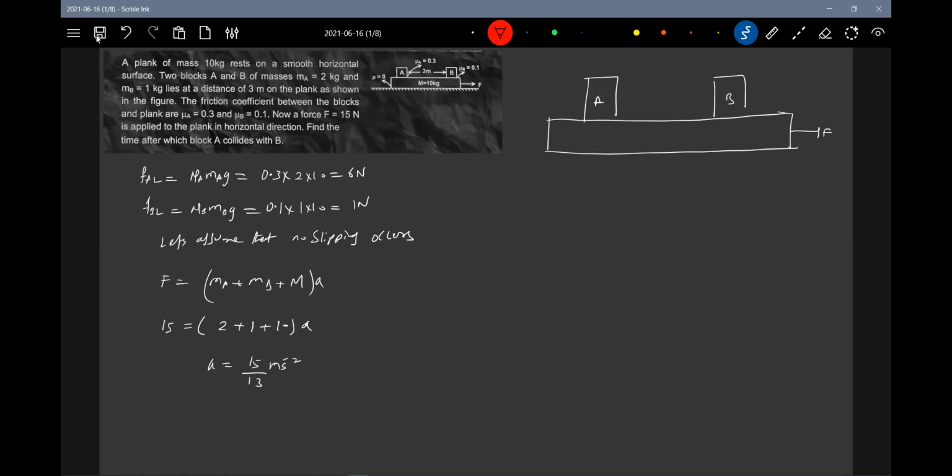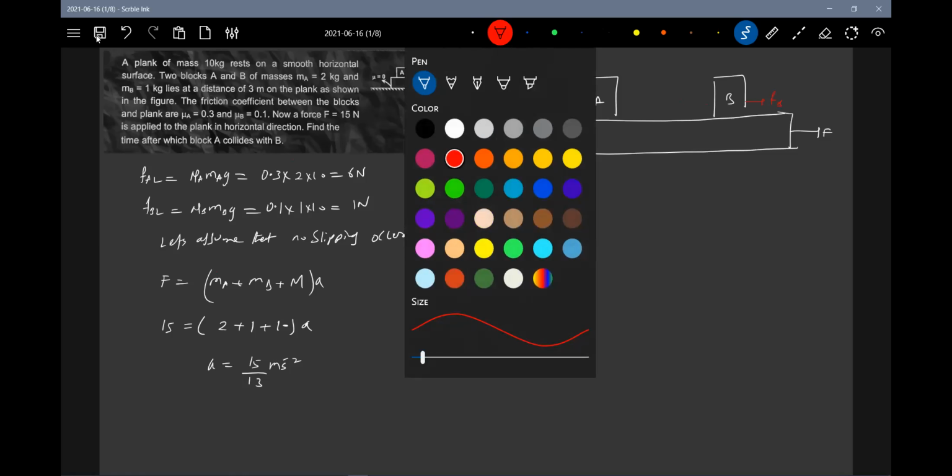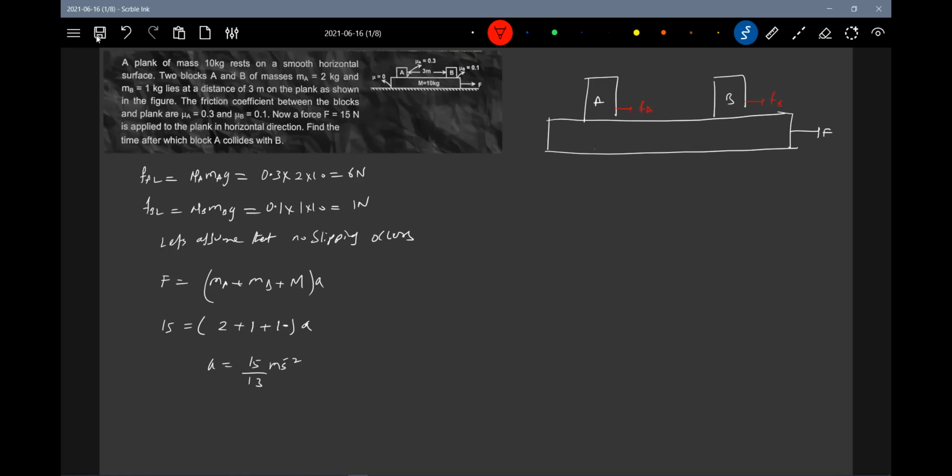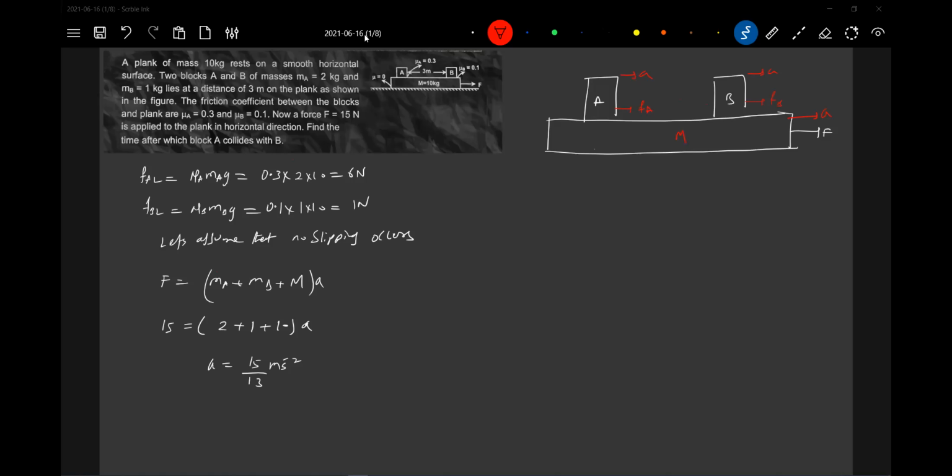The frictional forces acting are here F_B, here F_A. The direction of frictional force should be acting towards the right. As the plank is accelerating, the blocks should also have the same acceleration. Then who will accelerate the blocks? It should be friction only. Slipping occurs between the plank and B, let me check it here now.